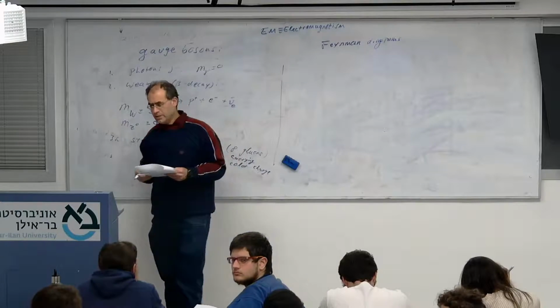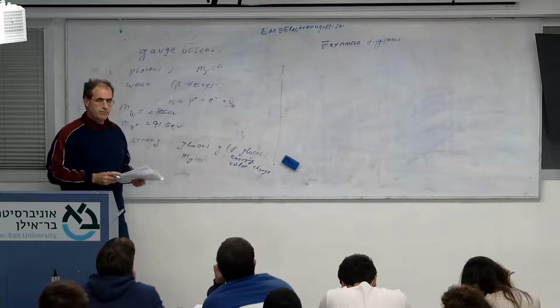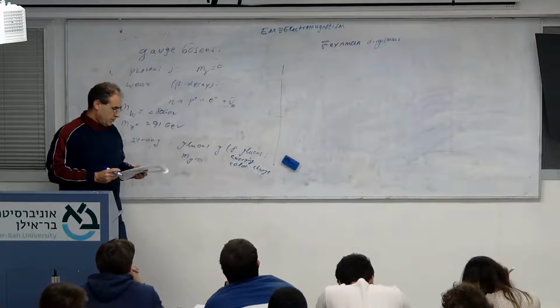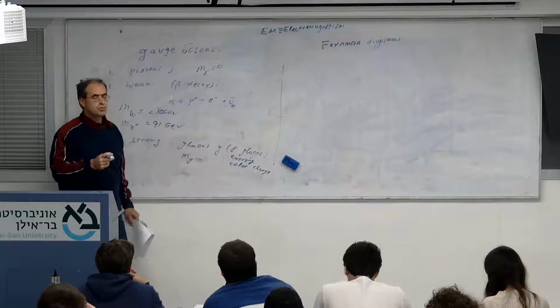So this is the essential part of particle physics. Essentially, a Feynman diagram represents a transition between different states.